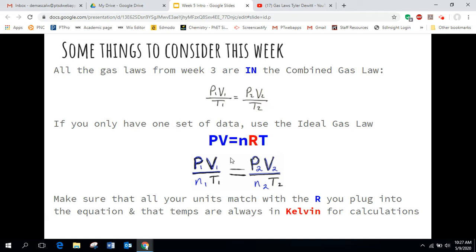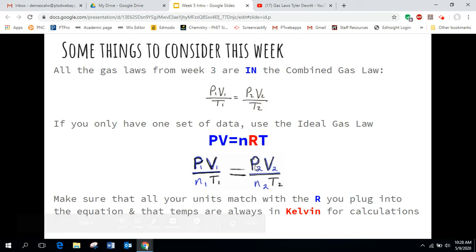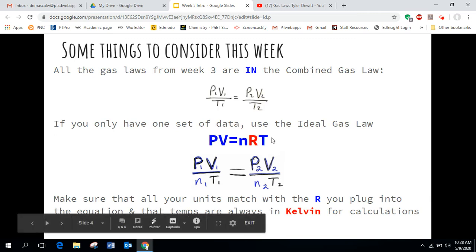That's 8 variables to keep track of. If we put in standard pressure, volume, moles, and temperature, so let's just use atmospheres: 1 atmosphere, 22.4 liters, 1 mole, and 273 K. And guess what? We get 0.0821 atm·L over mol·K.